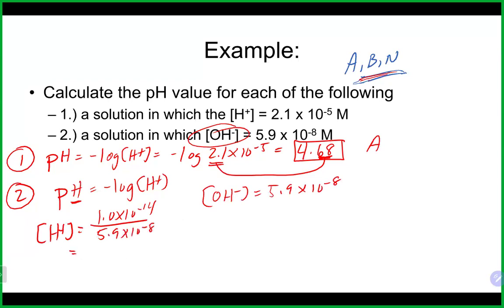That will give us, we'll call it, 1.7 times 10 to the minus 7. And now we could go into our pH, minus the log of 1.7 times 10 to the minus 7.